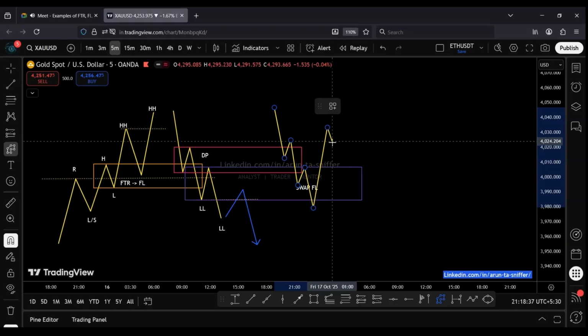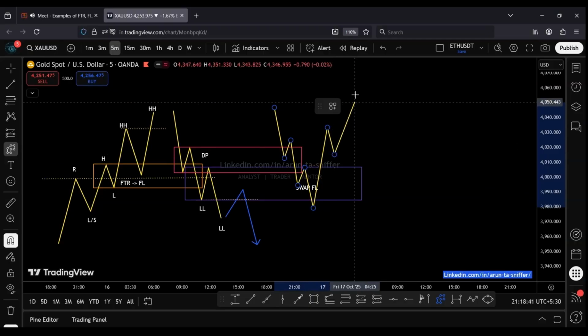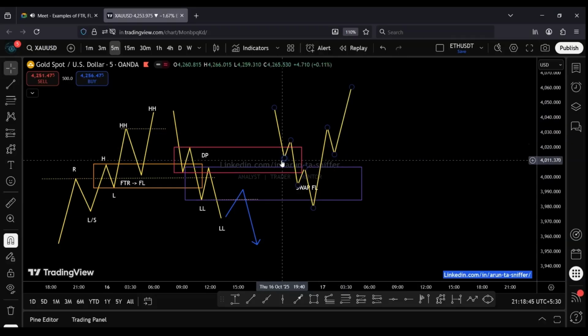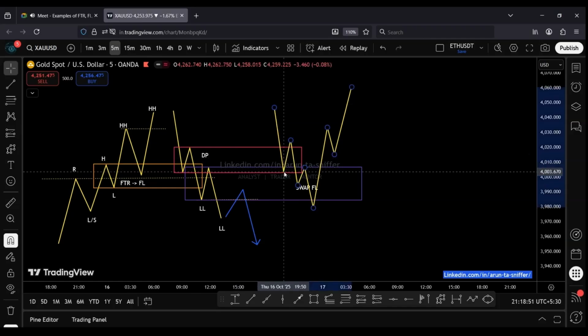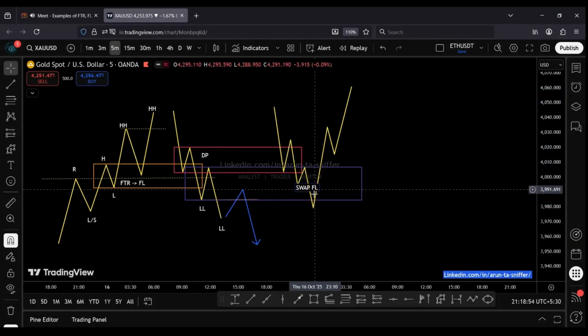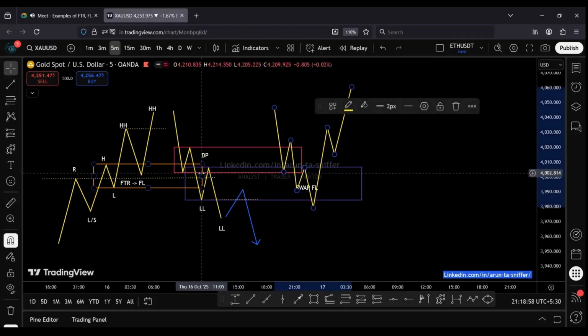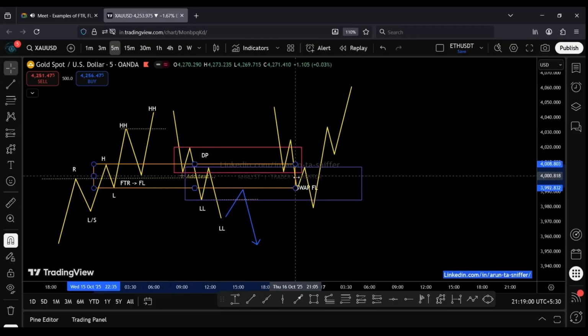When the price comes back like this and goes up, what happened here? This TP was ignored, right? The DP was ignored actually, like this.